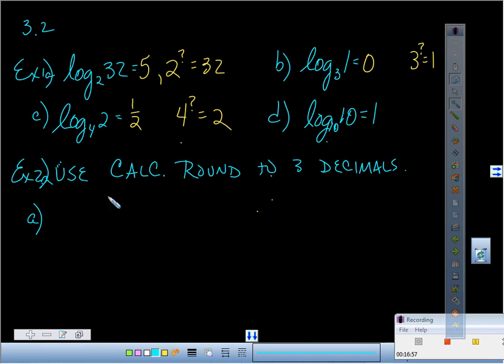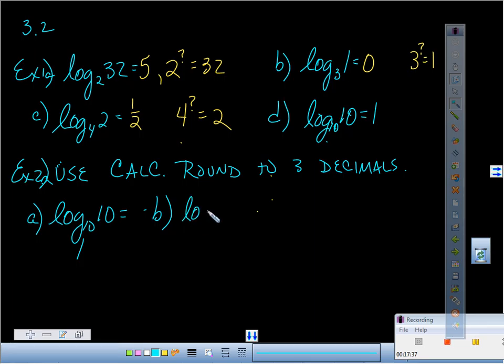Alright, do this one. Log base 10 of 10. I know, I'm just asking. Sometimes it's nice to do something on your calculator that you know what the answer is, right? And then you get it and you're like, whoa, I'm doing it right. Okay? Alright, what about this one?